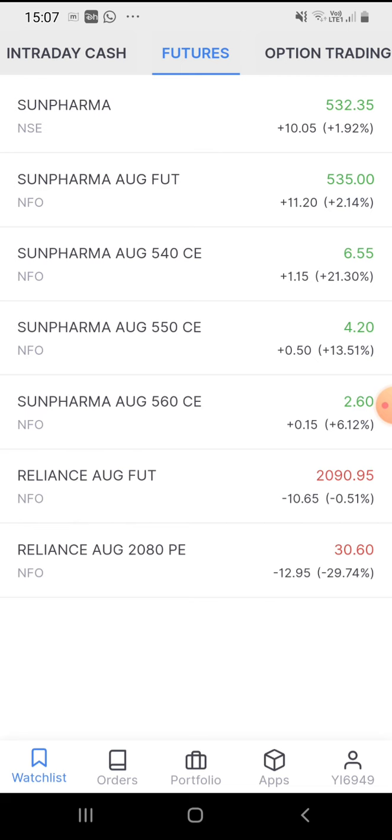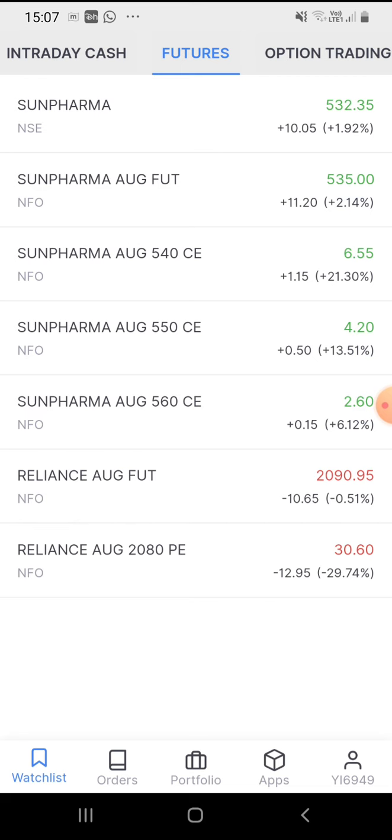As per our calculation, the real value of Reliance currently is 2090, and we are expecting Reliance to come down to 2080. So we select the strike of 2080, because we expect Reliance to come to this value, not 2100, which is upside.